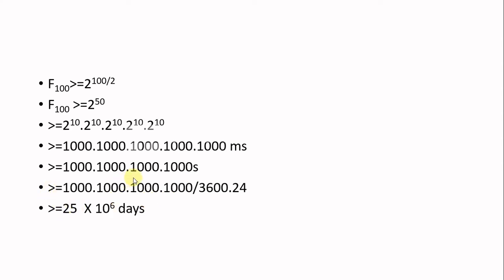When divided by 60 you will get number of minutes, again by 60 you will get number of hours, divided by 24 you will get number of days. So this value is approximately equal to 25 into 10 power 6 days.